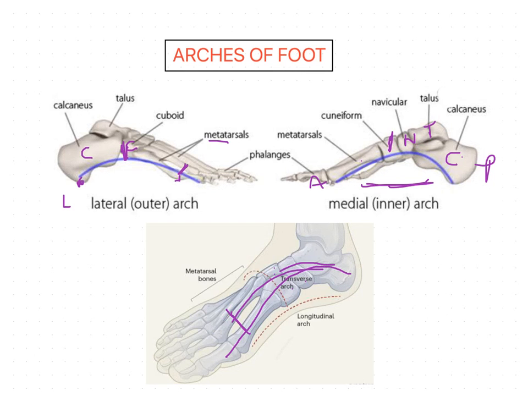Here the posterior pillar, formed by the lateral part of the calcaneum, is short and has a sharper decline than the medial arch. So the medial arch will have a slope like this, but the lateral arch is not like that. It is somewhat lower than the medial arch.